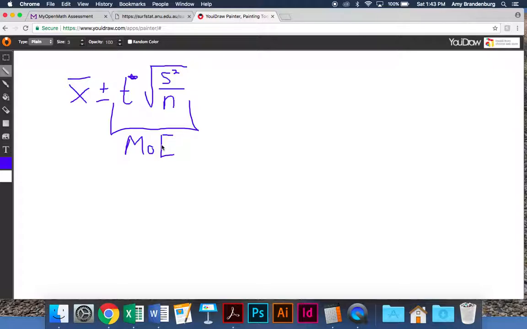Margin of error is made up of the critical value, which is either a T star or a Z star, depending on what else we have going on, and our standard error.